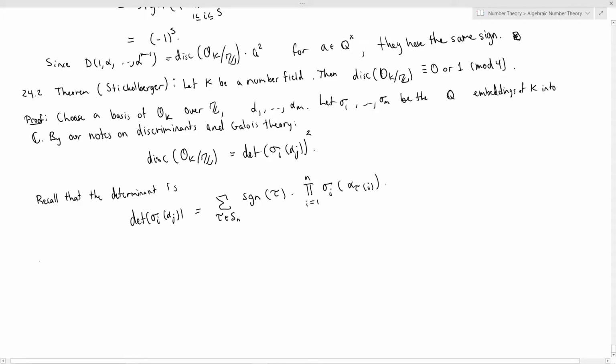Okay, so we're going to break this sum into two pieces. One for the positive permutations, so P, the sum over even permutations, and N, the sum over odd permutations.